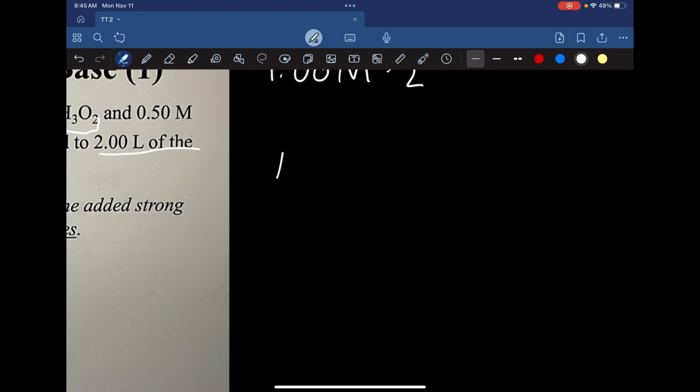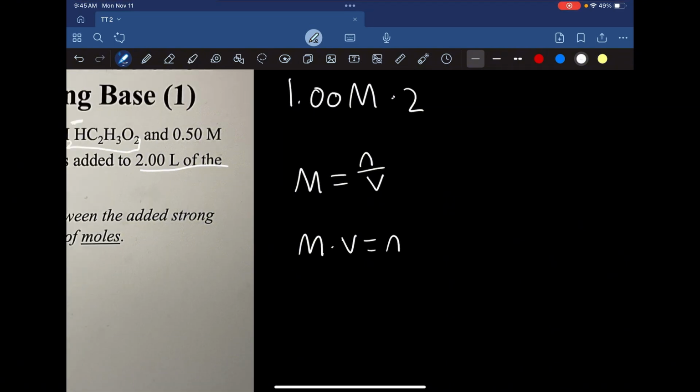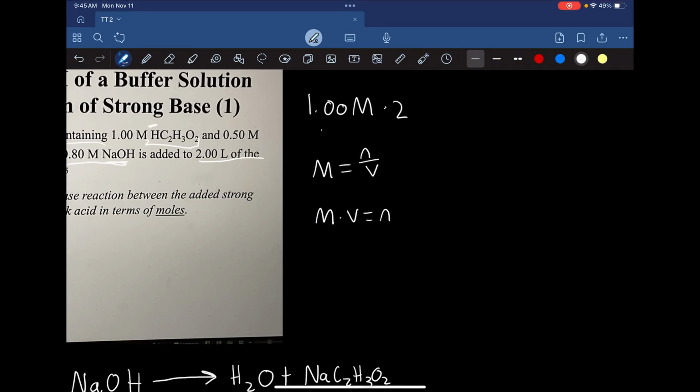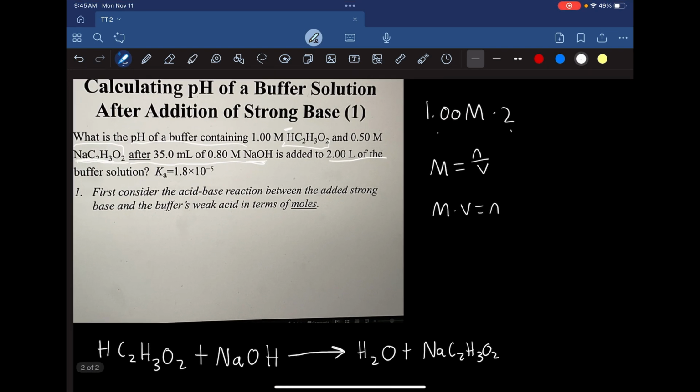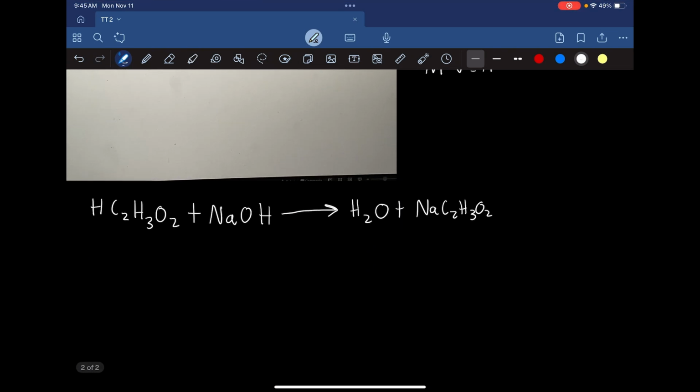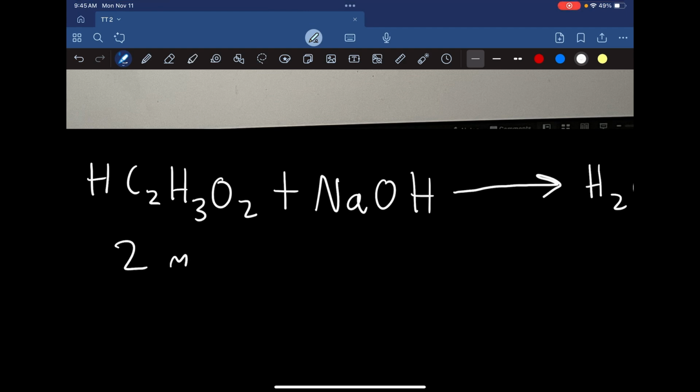Of course, molarity M is equal to n over V, so M times V is equal to n. That's what we're doing here, and remember, V has to be in liters. So this is 2 moles.